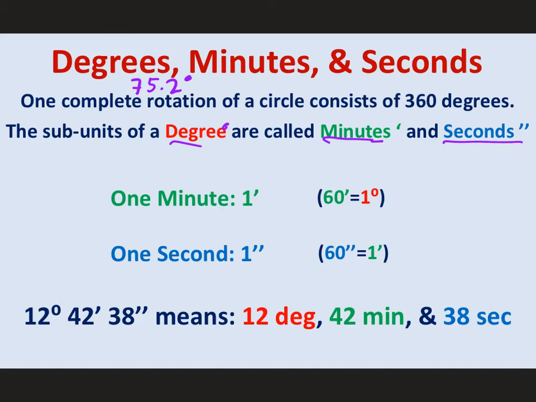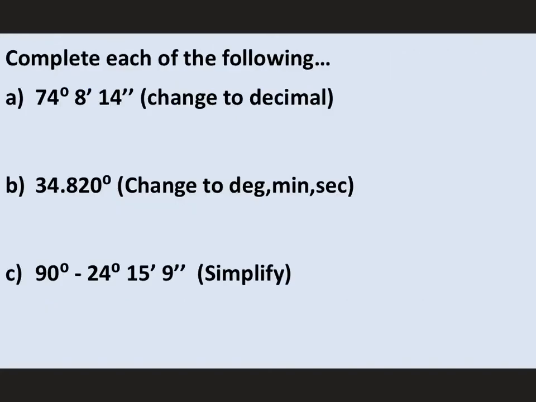So the way we would read this right here is 12 degrees, 42 minutes, and 38 seconds. Now, this is just another way to represent that decimal representation. They are equivalent ways of representing the same thing. This is just a more precise way we can talk about these rather than some random decimal that might not mean as much.